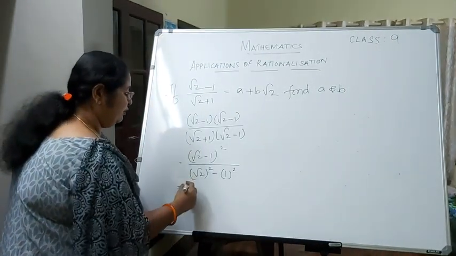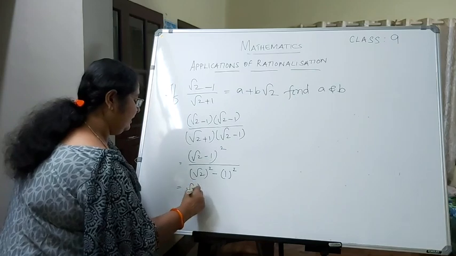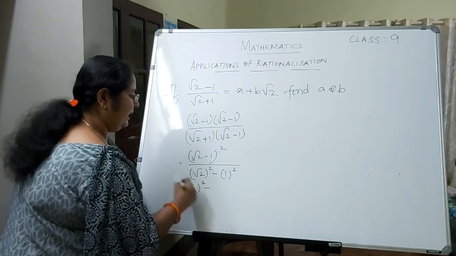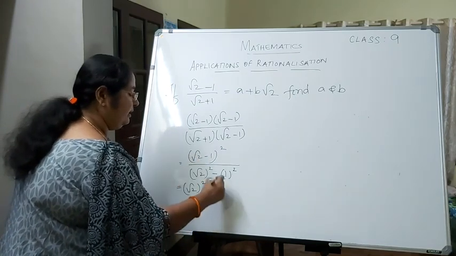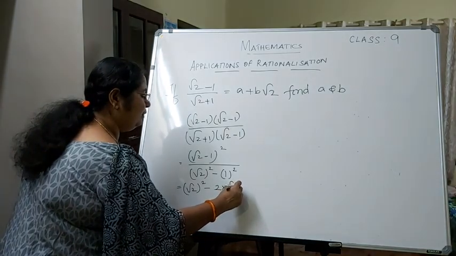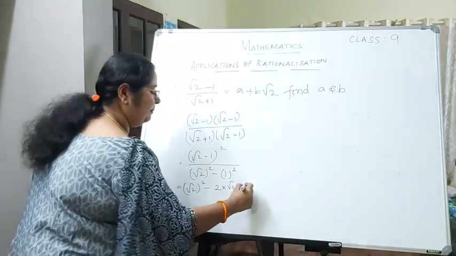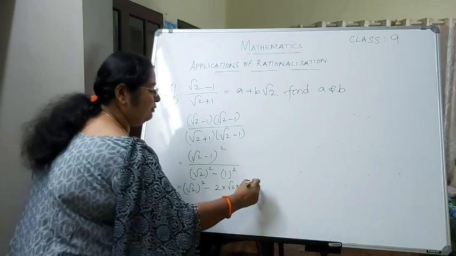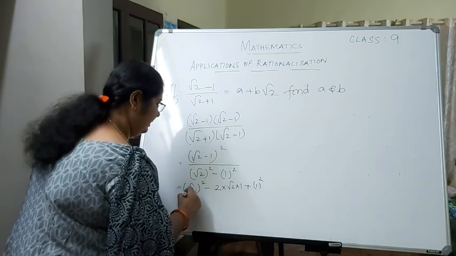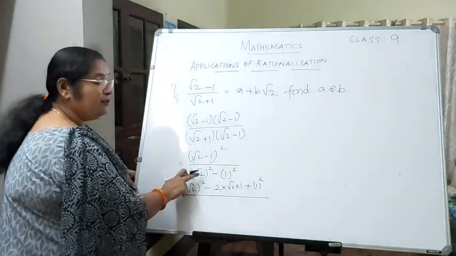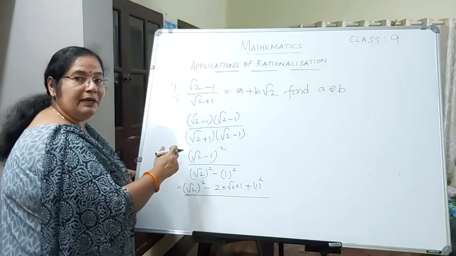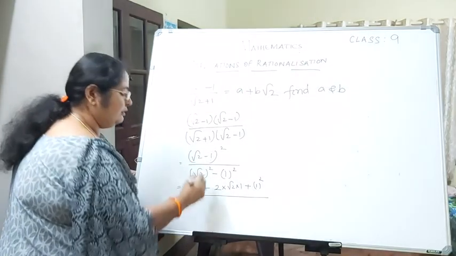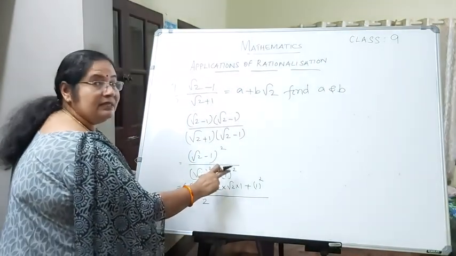So when you expand the numerator, you will get a², (√2)², minus 2ab, 2 into √2 into 1, plus b², b is 1, so 1², divided by, what is (√2)²? Square of a root number is the number itself. So (√2)² will be 2, 1² is 1.